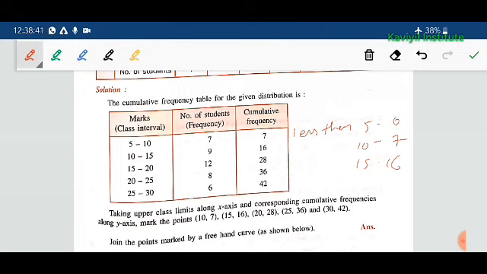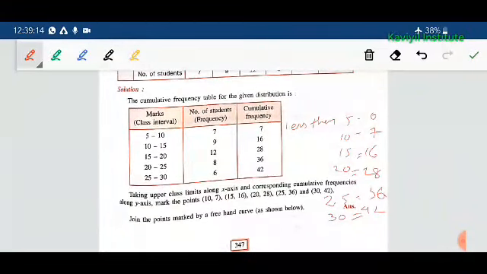Then less than 20: 16 plus 12, 28. Again less than 25. How much is it coming? 28 plus 8 equal to 36. Again less than 30: 36 plus 6 equal to 42. So this is the way we are going to write the less than frequency curve.